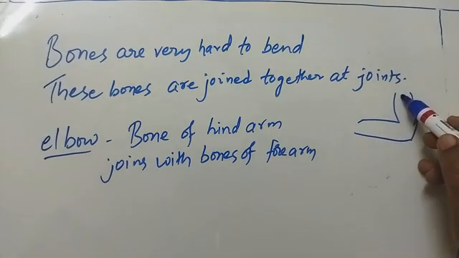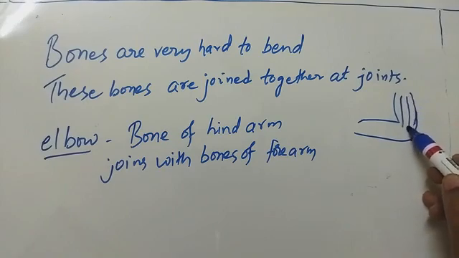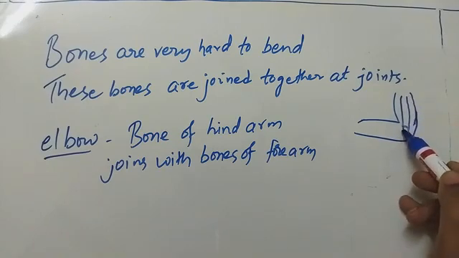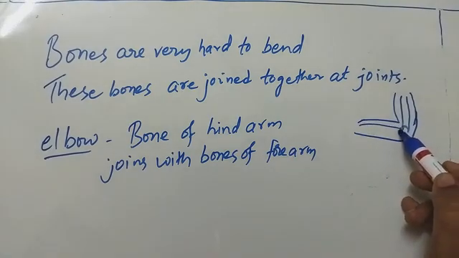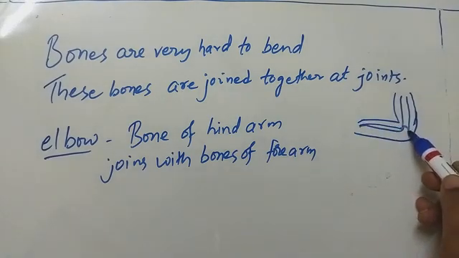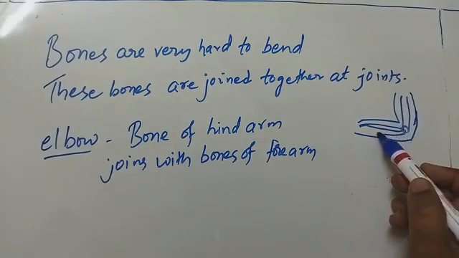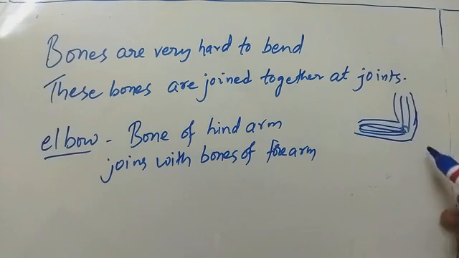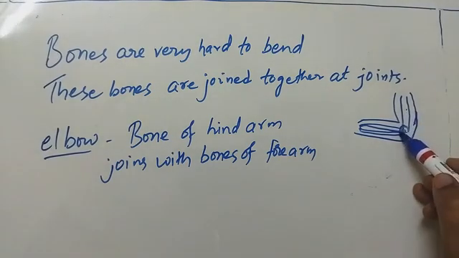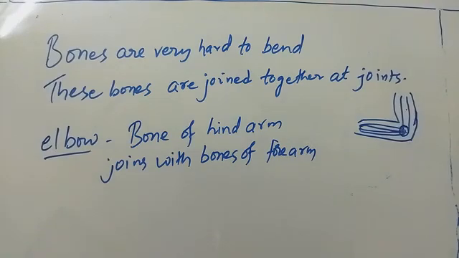So here this is the hind arm bone, right? And there are two bones in the forearm. So the hind arm bone is joining with the forearm bones here, right?